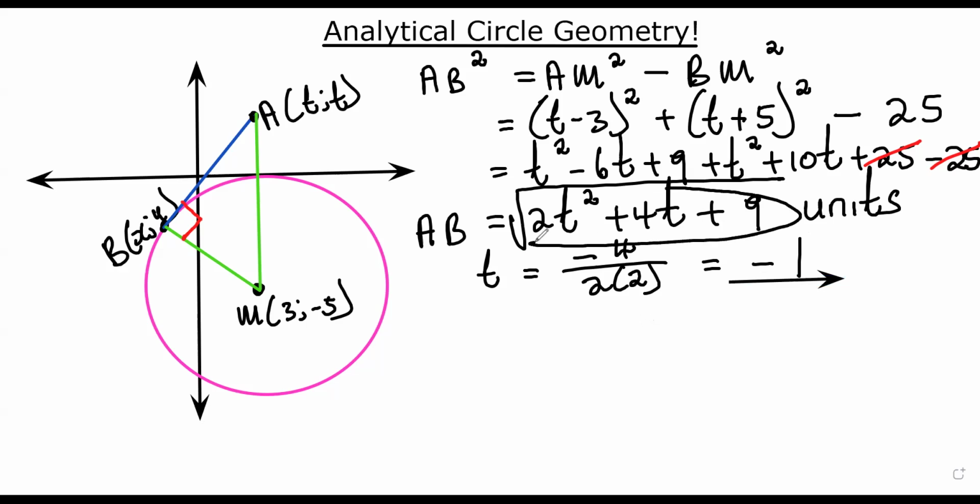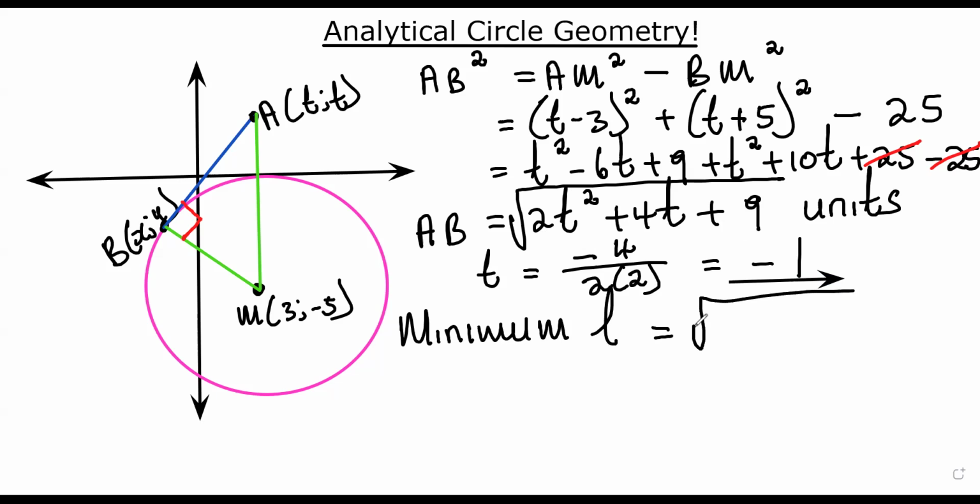Then we come back and substitute our negative 1 here. So right away we can say the minimum length is just going to be the square root of 2 into negative 1 squared plus 4 into negative 1 plus 9.